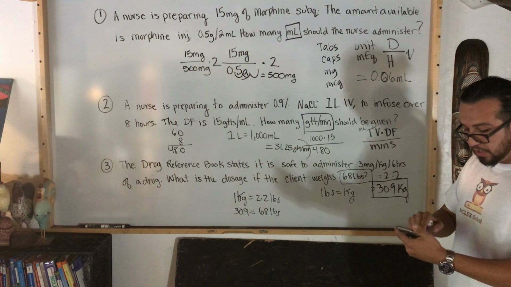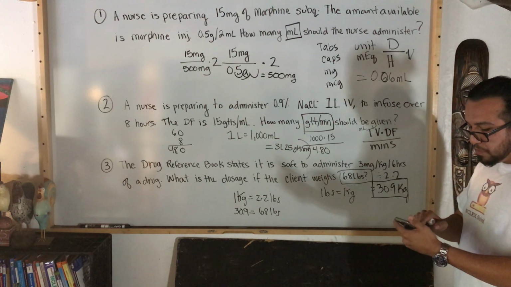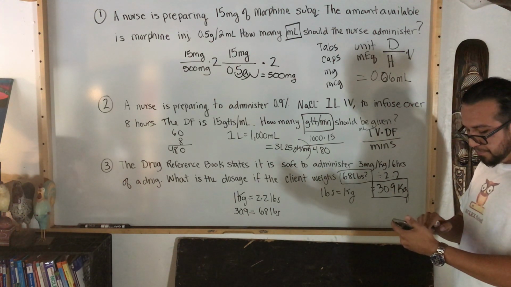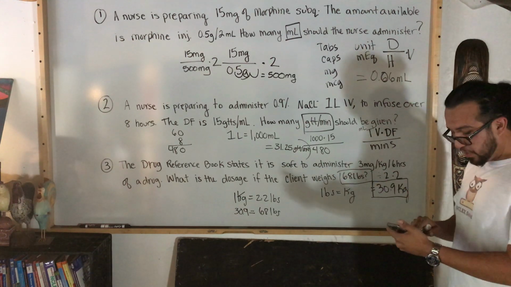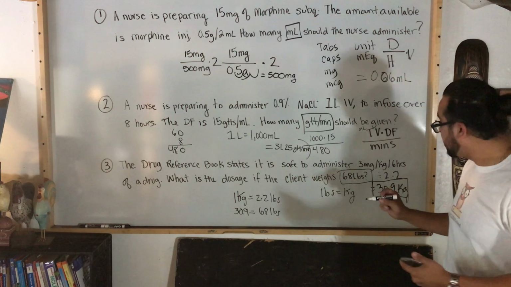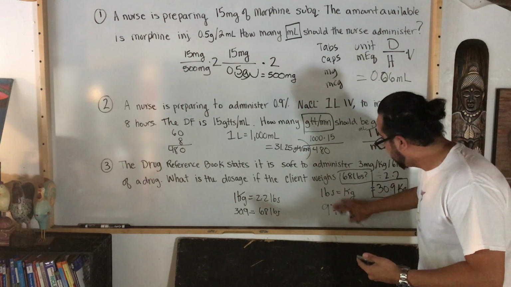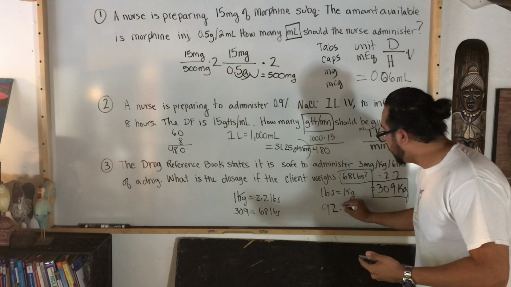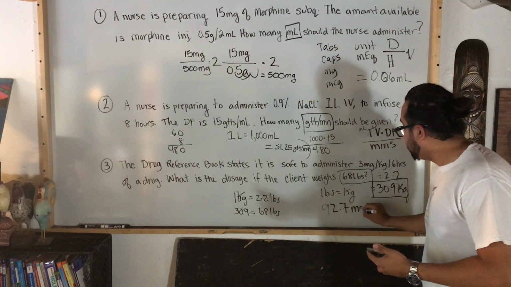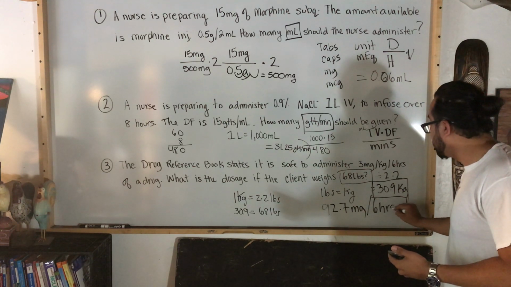We get 30.9 and we multiply it by 3 milligrams. And that gives us 92.7 milligrams for every 6 hours.